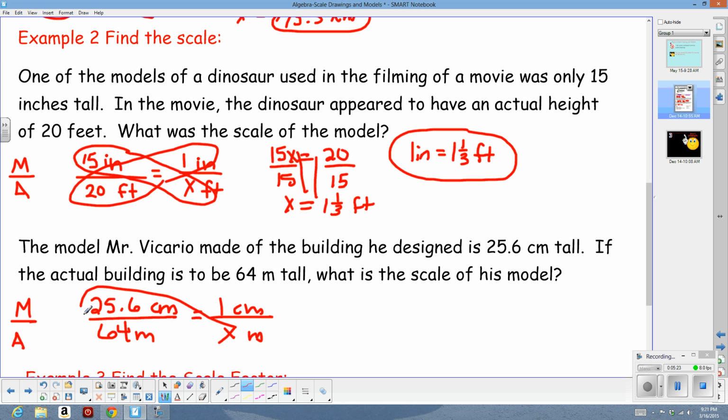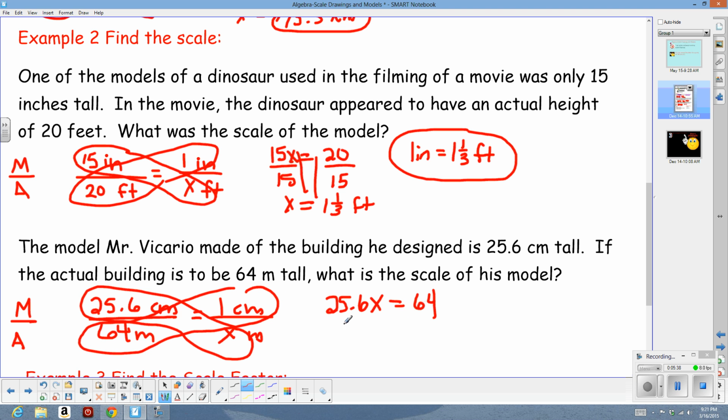So 25.6x equals 64. Divide both sides by 25.6.